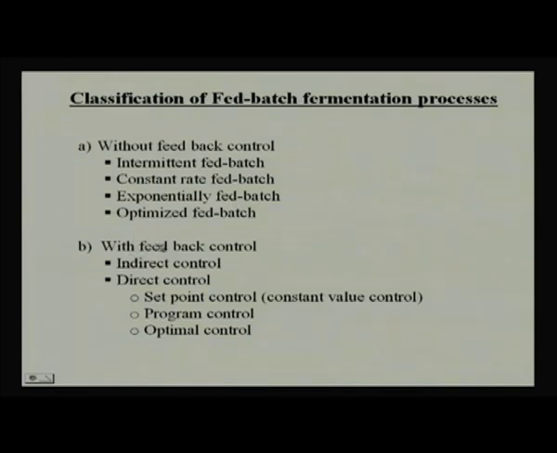When we are further classifying the feedback control, there is indirect control and direct control. When we are going for the direct control, we can go for the set point control, that is constant value control, and program control and optimal control.